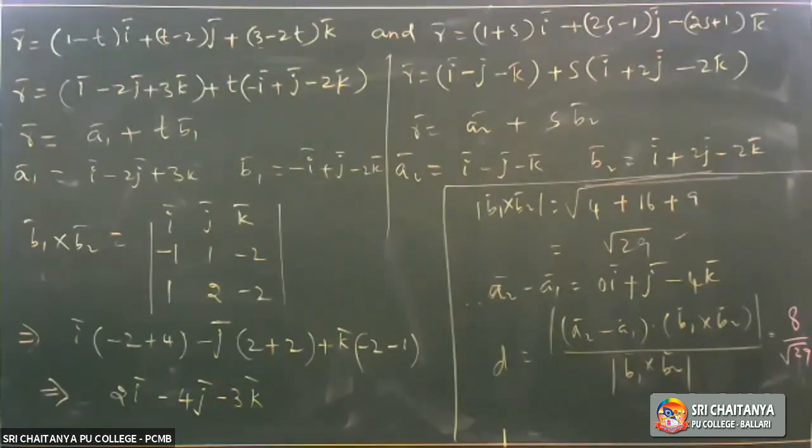Only one theorem is left aside. Tomorrow I am going to give you the proof of that one, and after that I am going to start planes. You copy this one slowly, and tomorrow I am going to discuss the shortest distance between two lines theorem.